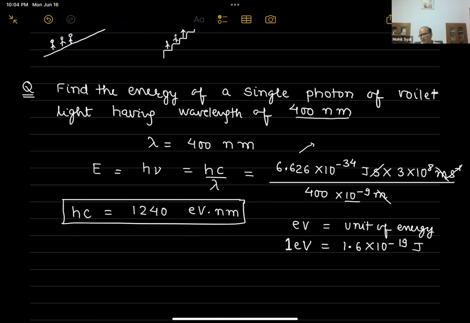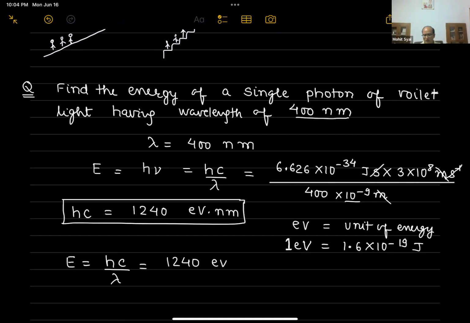So now what to do? Now put this value, and so energy of a photon, I'm using this method, hc by lambda. Nabila, are you getting it? Yes. 1240 electron volt nanometer.